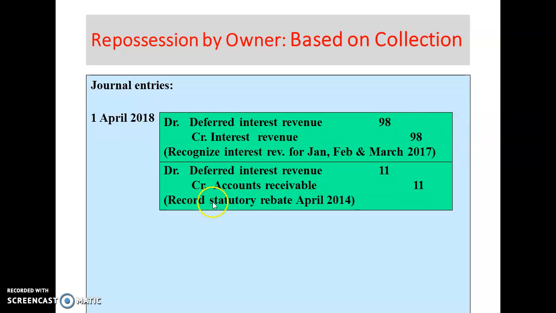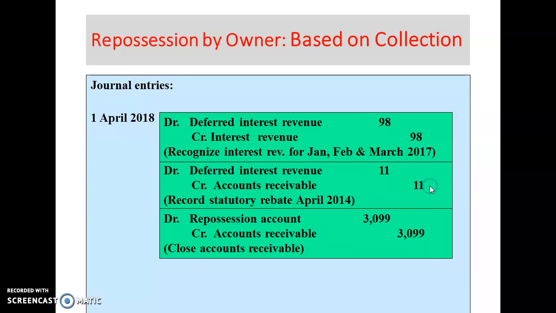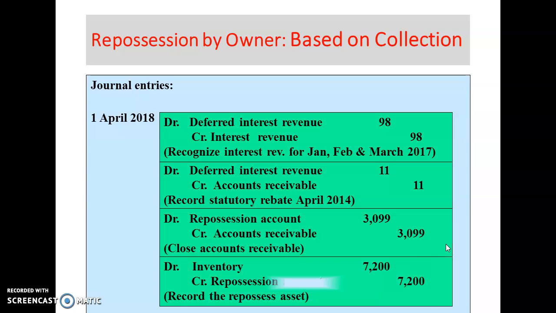Then you recognize the statutory rebate, so you cancel off deferred interest revenue and credit it to account receivable. You reduce the account receivable by 11 ringgit, still the same journal entry, and then you close your account receivable account against the repossession account of 3,099. Still the same entries made.